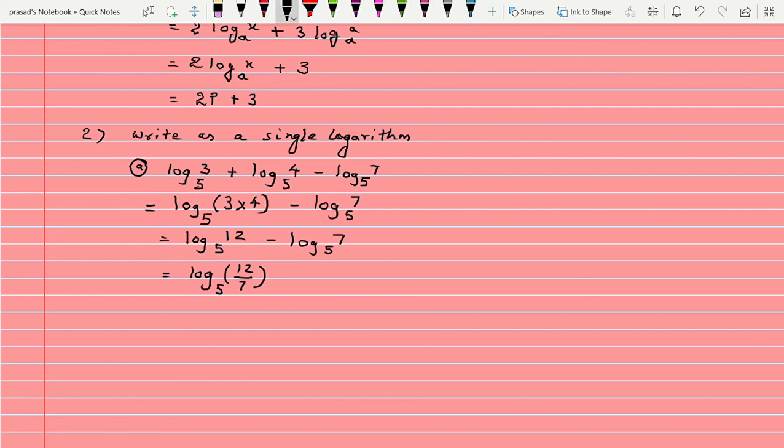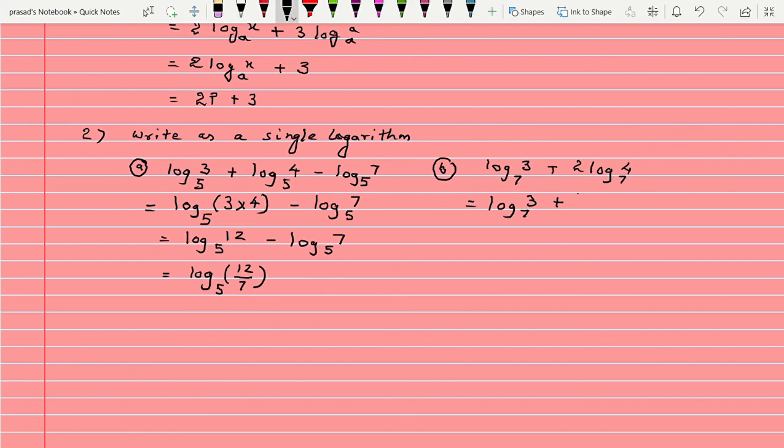Let us take another problem here. Log 3 to base 7 plus 2 log 4 to base 7. So that is log 3 to base 7 plus, here use the power law in the opposite manner. That means I can take this 2 up in the power.